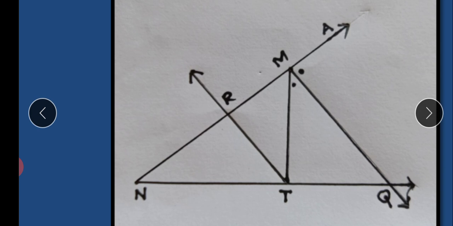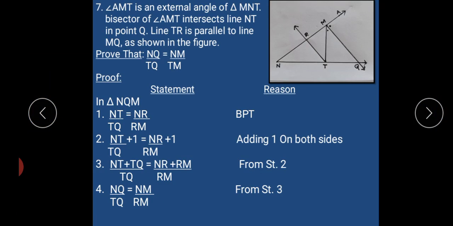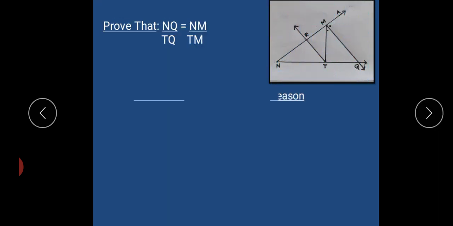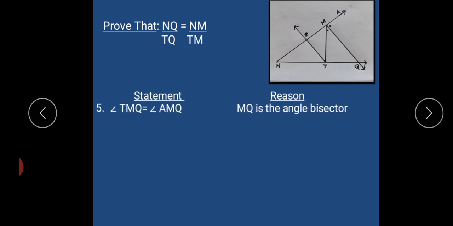And from last year's theorem, that sides opposite to equal angles are equal, you can prove that RM is equal to MT, and I think that is what is left. In place of RM, we want TM. Now how to prove it? We will see. This is what is asked to prove. This is the figure. Just now what I explained to you: angle TMQ is equal to AMQ, because MQ is the angle bisector.